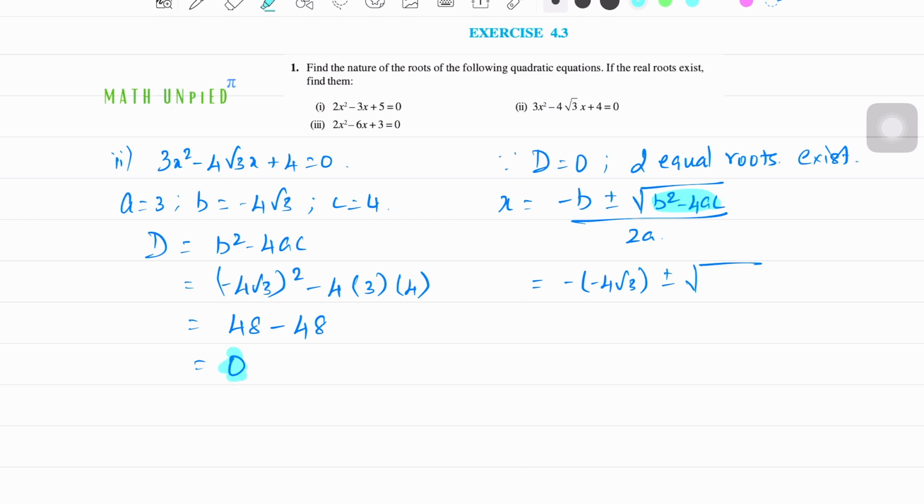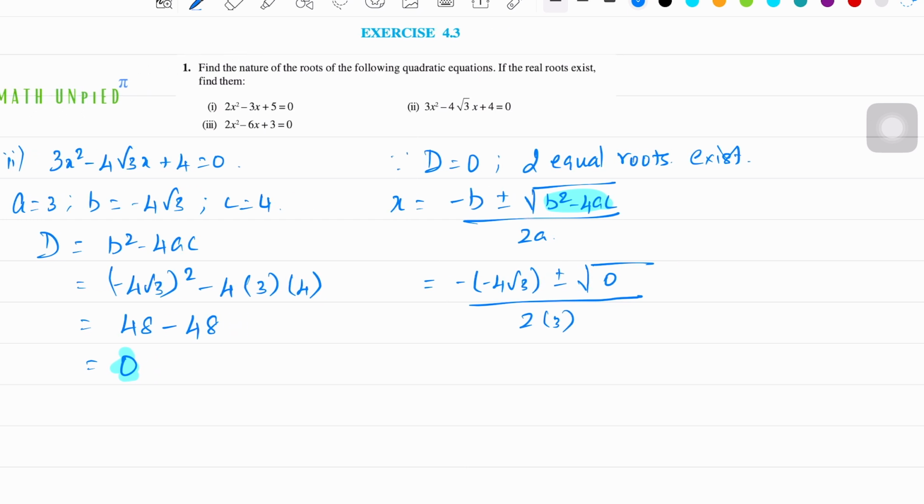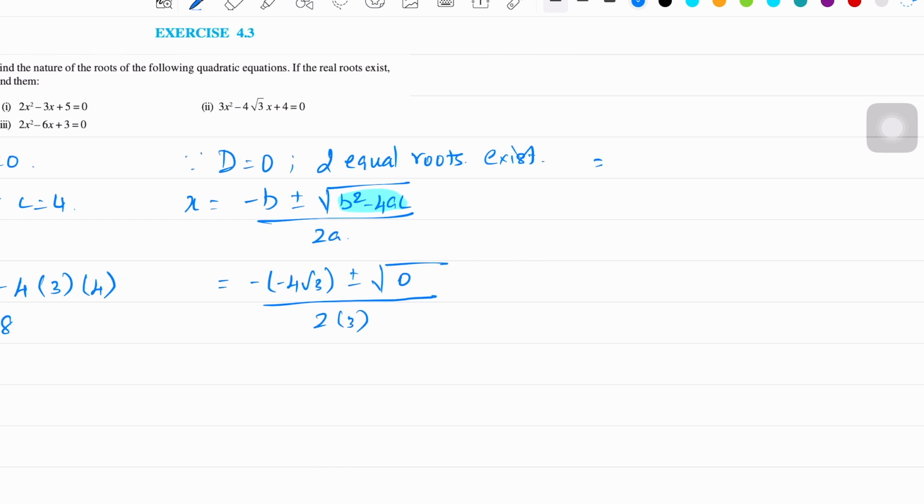It's 0, so we can directly substitute that. 0 by 2 times 3. Now let's continue this. So that is equal to 4 root 3 over 2 times 3, and we can cancel this. 2 will go 2 times, root 3 will go root 3 times. So the roots are 2 by root 3 and 2 by root 3, because we have two equal roots.